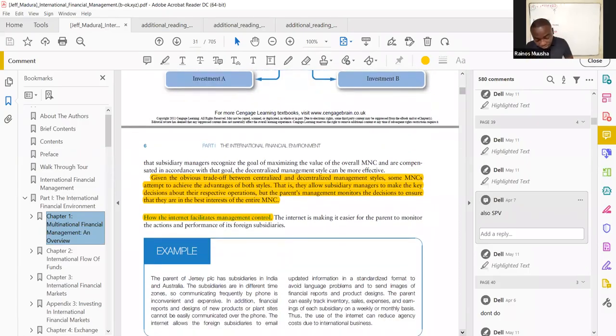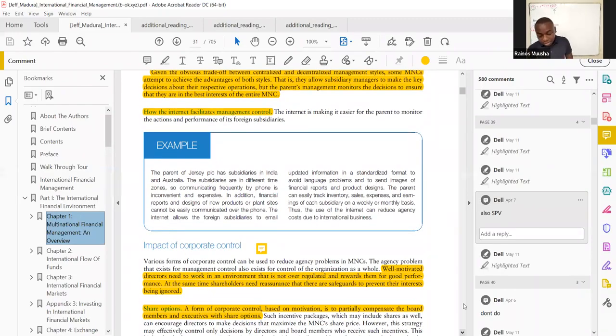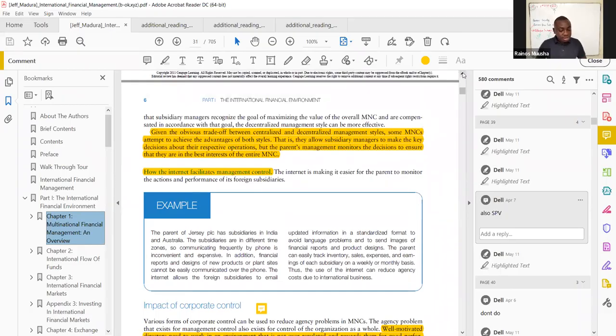On the next section, we look at how the internet facilitates management control. And here, they are basically discussing that the progression of the internet has allowed management to have better control over the operations of the subsidiaries, mainly because, like what I was saying, the Skype calls, the Zoom meetings, and all those other things have allowed management to have a better communication system with the different subsidiaries and the managers of the subsidiaries as well.